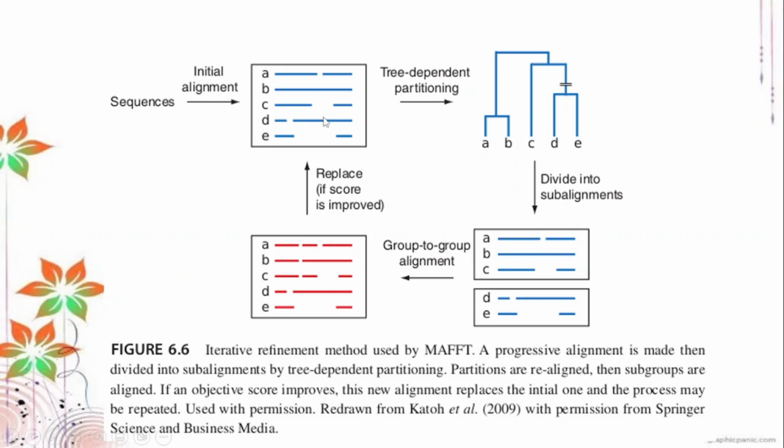But if not, you don't replace it. So you do this multiple times until you have a convergent solution, or the optimum score is no longer being replaced. It is now consistent and can no longer be improved. This is a refinement method used by MAFFT, the MAFFT program. So this is your iterative alignment.